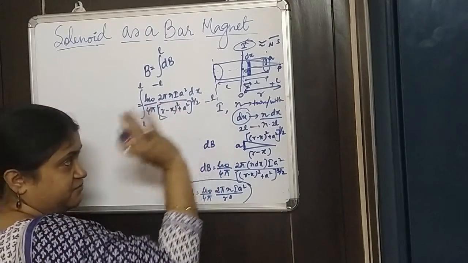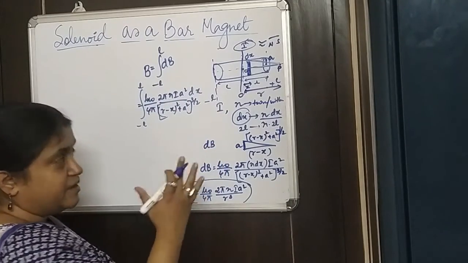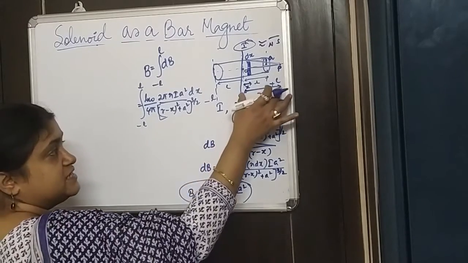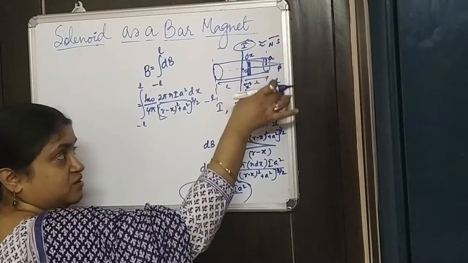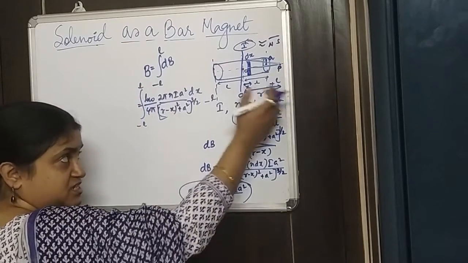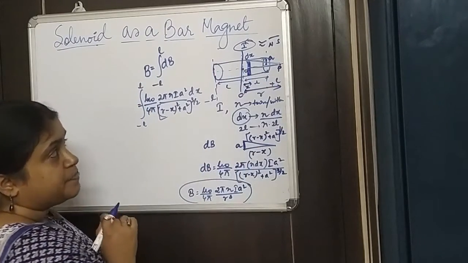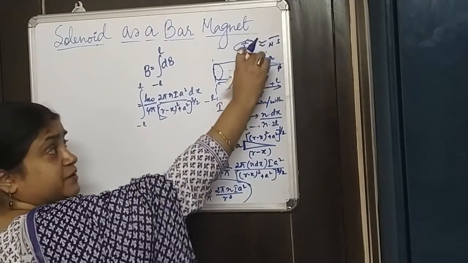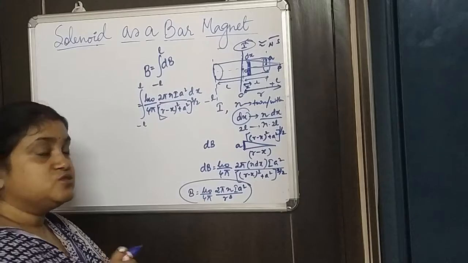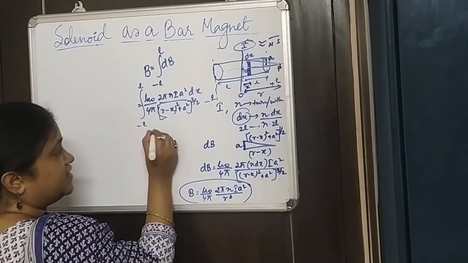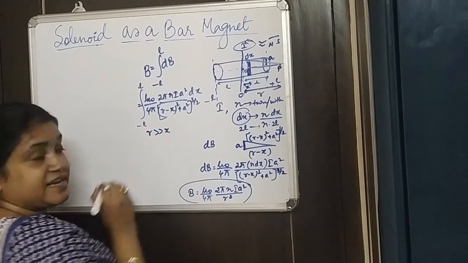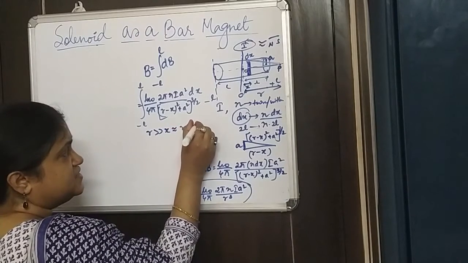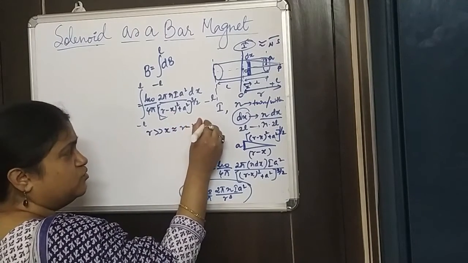Just by your imagination and observation, generally what we see is that the distance of this point P, that is r, is very large compared to x as well as compared to the radius of the solenoid. So, we can write that r is much greater than x. Therefore, r minus x is similar to r.